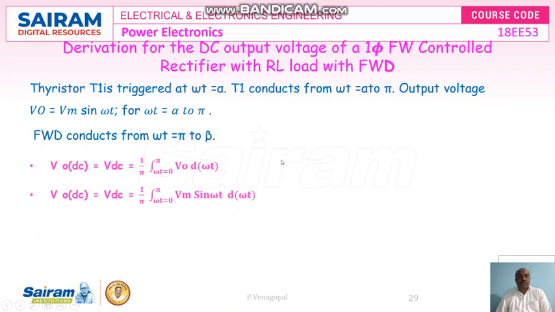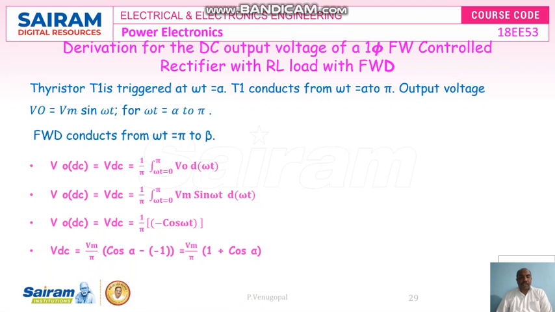Therefore, V naught is equal to VDC is equal to 1 by pi integration of omega t from 0 to pi of V naught d omega t, and V naught is Vm sin omega t into d omega t. Integrating sin omega t, you will get minus cos omega t. Then VDC becomes 1 by pi into minus cos omega t into Vm, that is, Vm by pi into 1 minus cos omega t, with omega t ranging from 0 to pi.